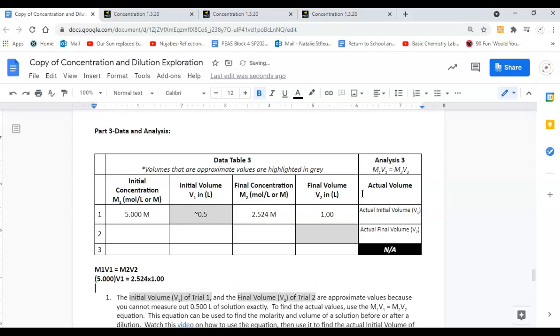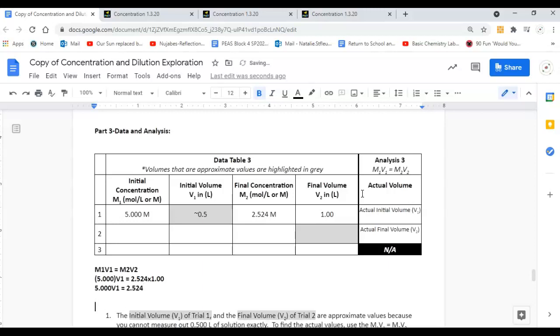Okay, so then what I have here is 5 times V1 is equal to 2.524 times 1, which is just 2.524. To solve for my V1, I'm going to divide both sides by 5.